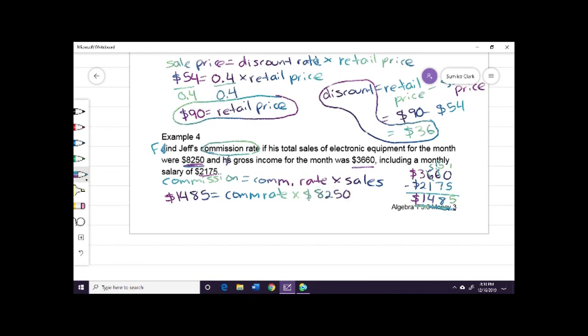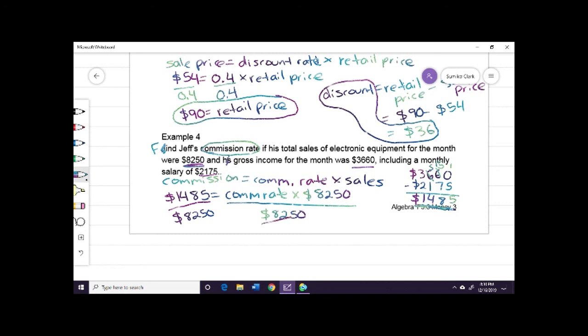Now to find the commission rate, we're going to divide both sides by 8,250.